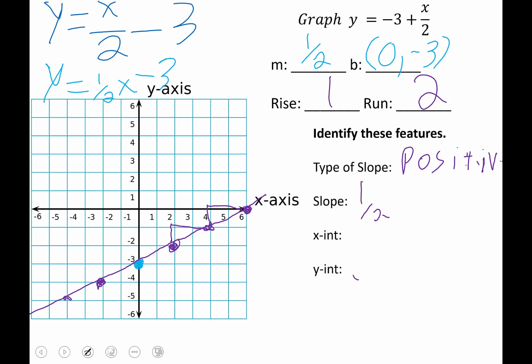Well, that was the point (0, -3). And where do I find the x-intercept? Remember, the y-intercept's on the y-axis, the x-intercept's on the x-axis. So it is this point right here, which is the point (6, 0).